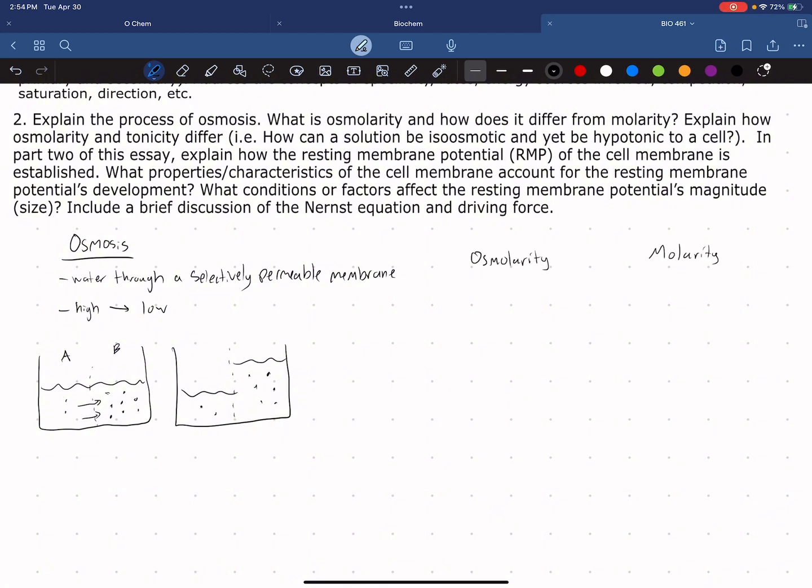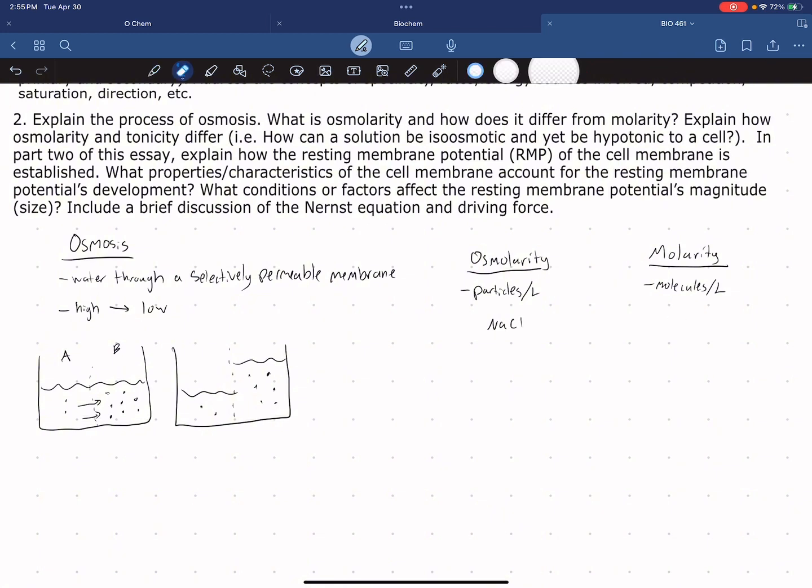Okay, so now to explain the difference between osmolarity and molarity. Osmolarity has to do with the amount of particles of solute per liter of solution, where molarity has to do with the molecules of solute per liter of solution. So let's take NaCl for example.